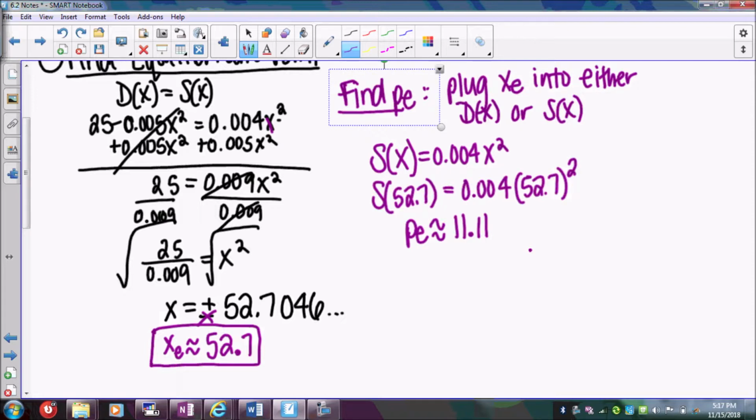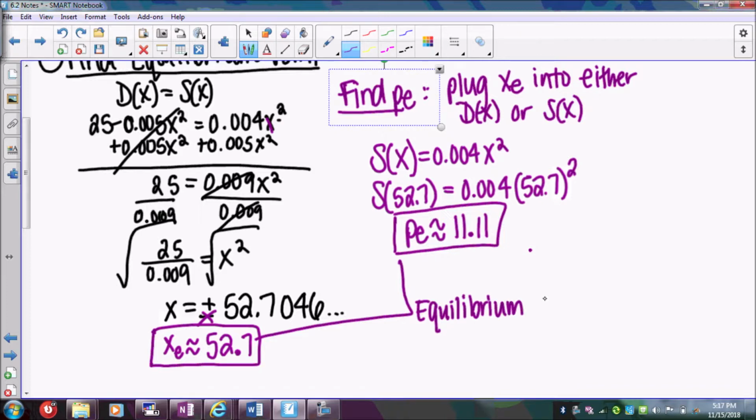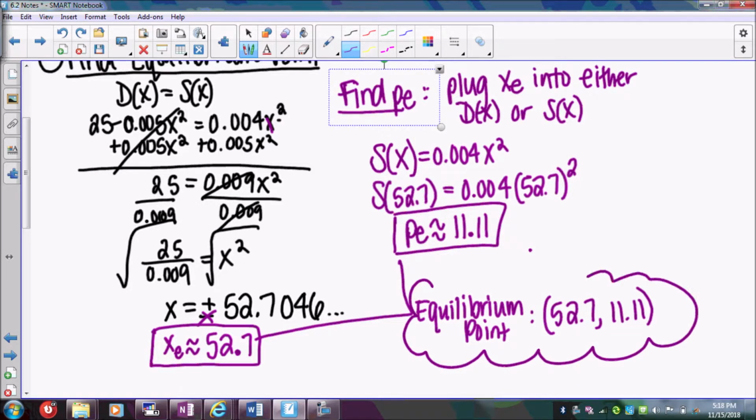So then that tells me, if this is P, the equilibrium point is 52.7, 11.11. So sometimes you'll have questions where it'll just ask you to find the equilibrium point.